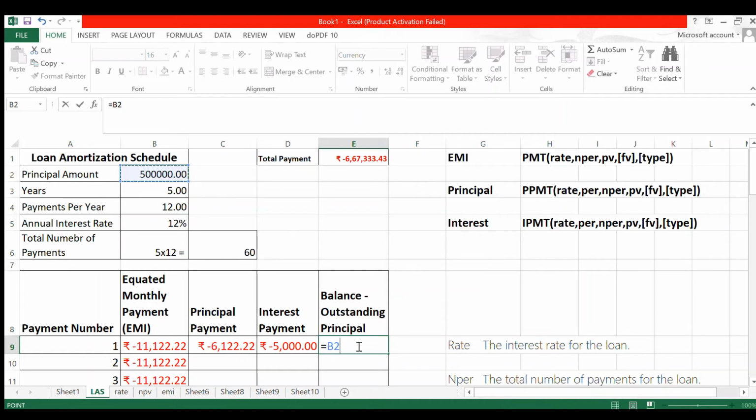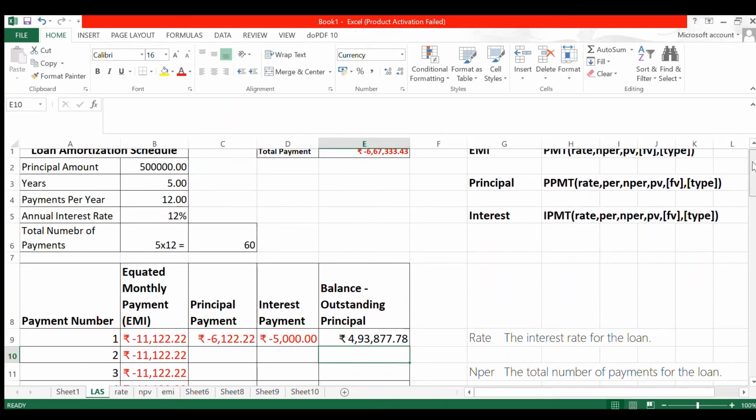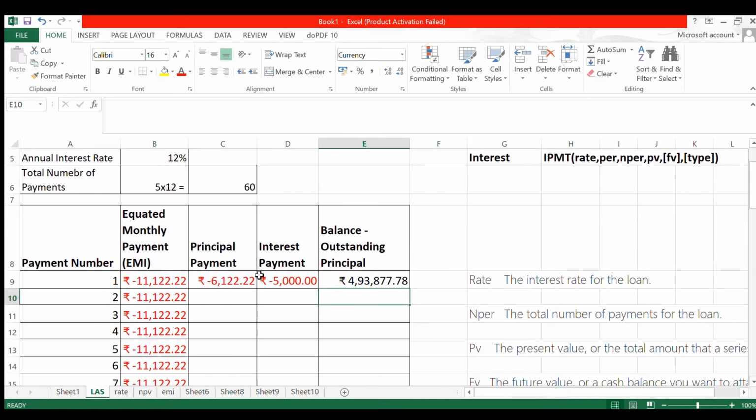So the remaining balance will be about 4 lakh 93,877 rupees. From the next period onwards, the interest is calculated upon this outstanding principal.